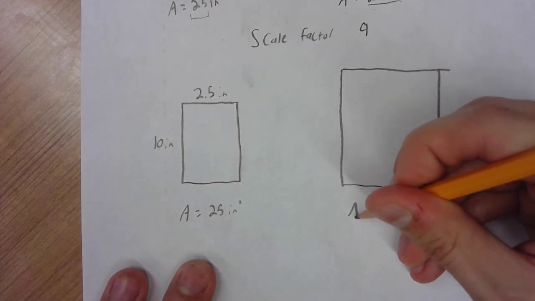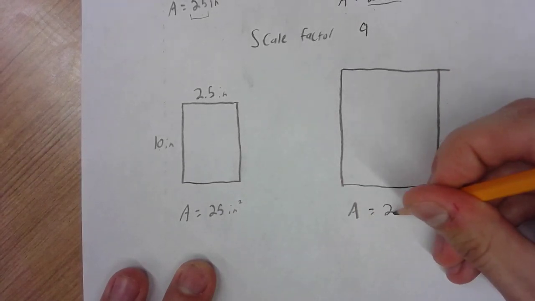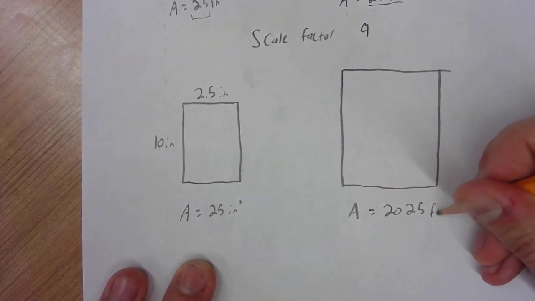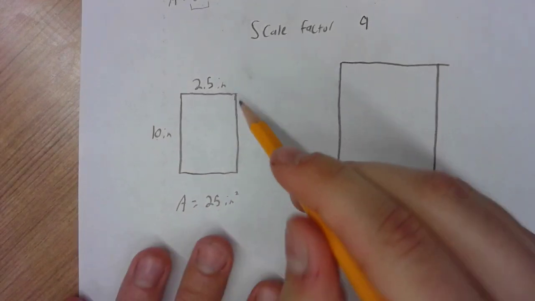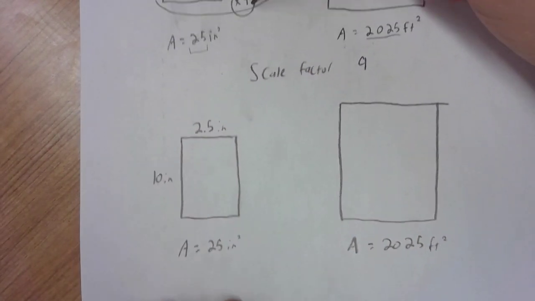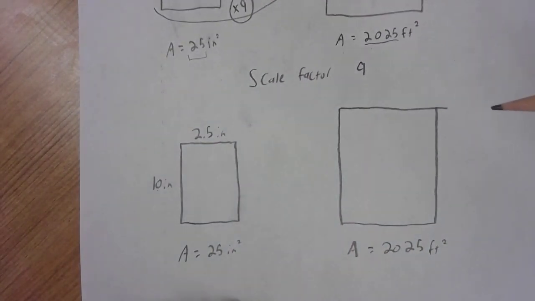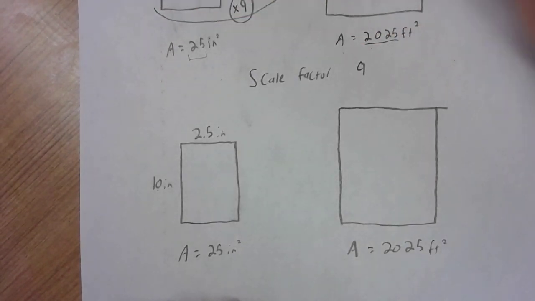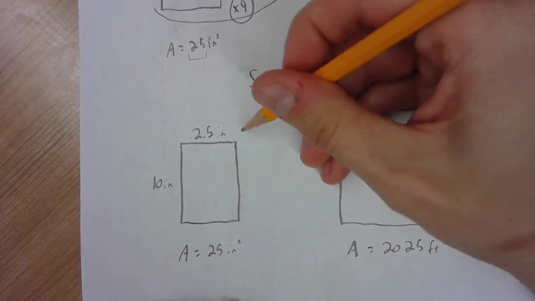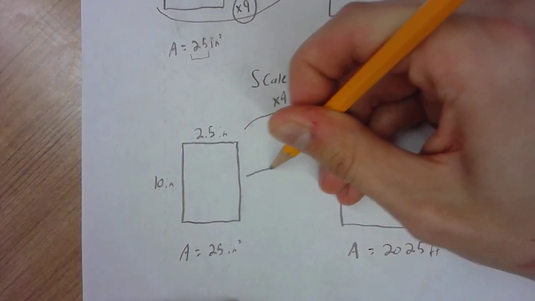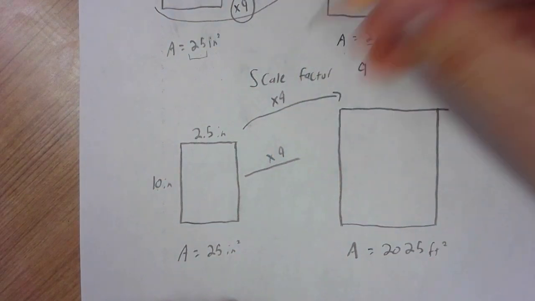And so now the area here is 2,025 feet squared. So we know here that our scale factor is going to be 9. So now we're going to double check that this will work in all situations, not just situations where we have a square. So if we multiply both sides by the scale factor of 9, what do we get?